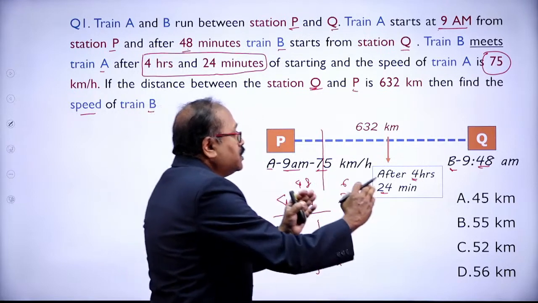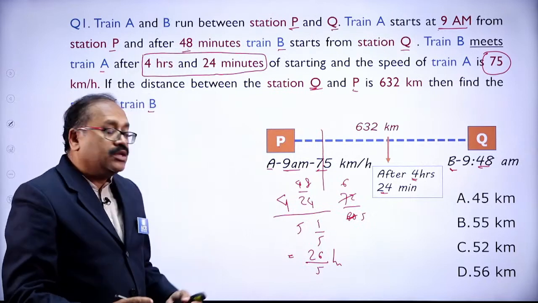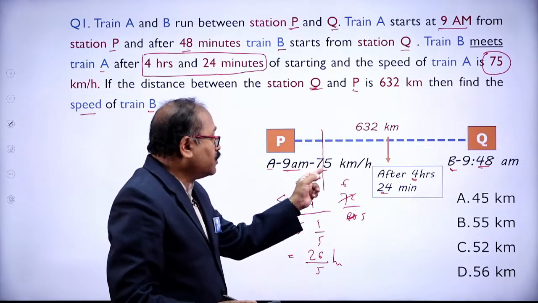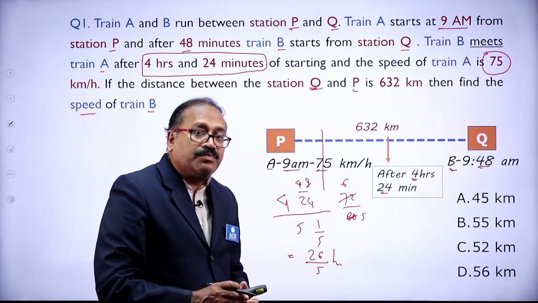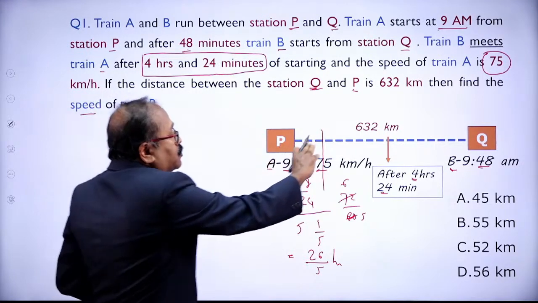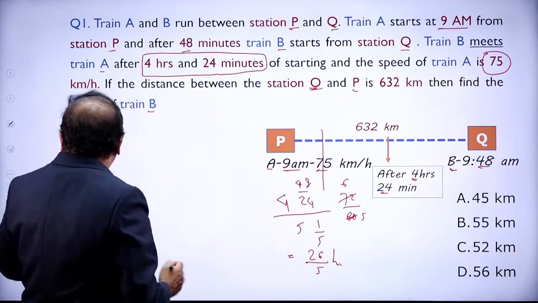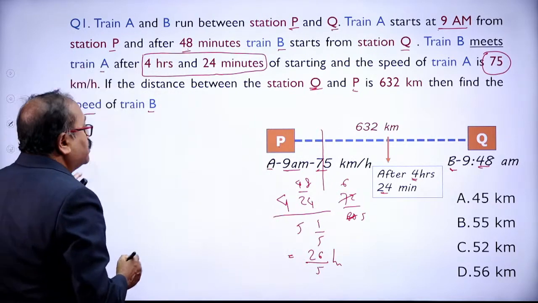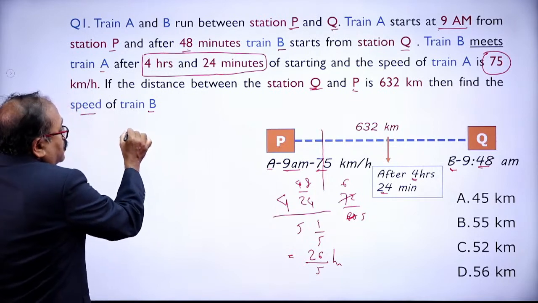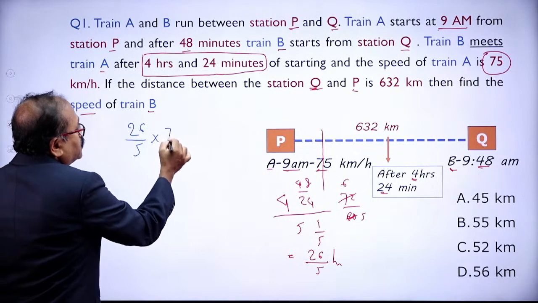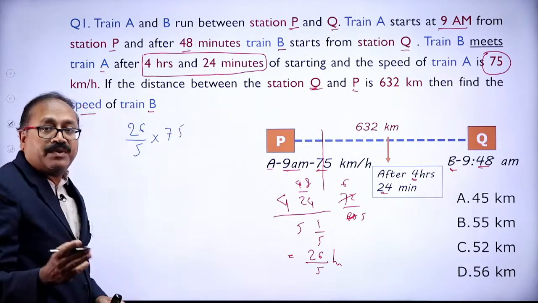The total journey taken by A is 26 by 5 hours, and it travels at what speed? 75 km per hour. So out of the total 632, the distance covered by A, the time is 26 by 5 hours and the speed is 75 km per hour.